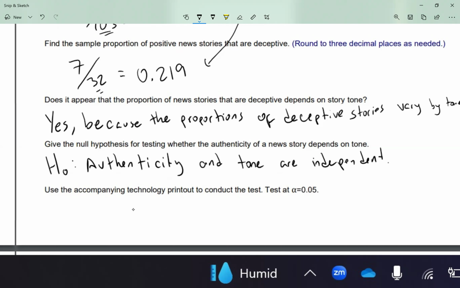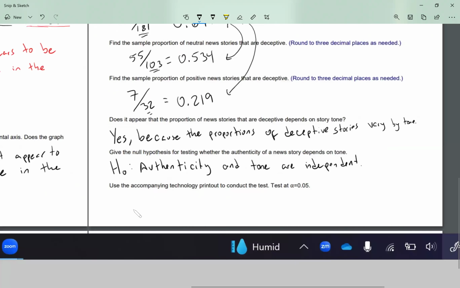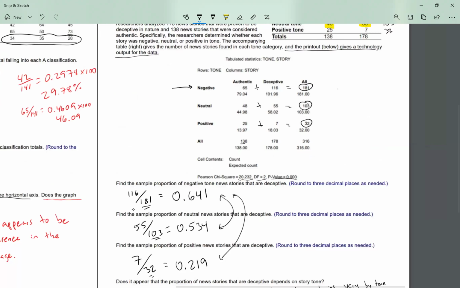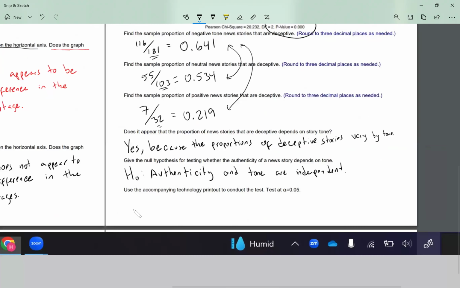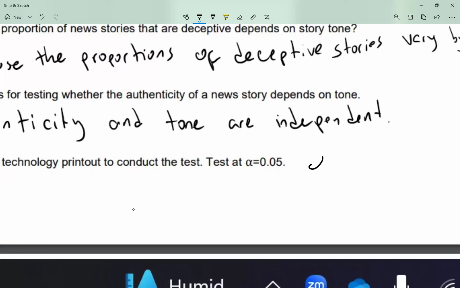Now, using the technology printout, the table that we have, conduct the test at alpha equal to 0.05. My printout, let me zoom out here. I'm really just going to look at my p-value. My p-value is 0, because I'm just going to compare my alpha and my p-value. It says 0.000.